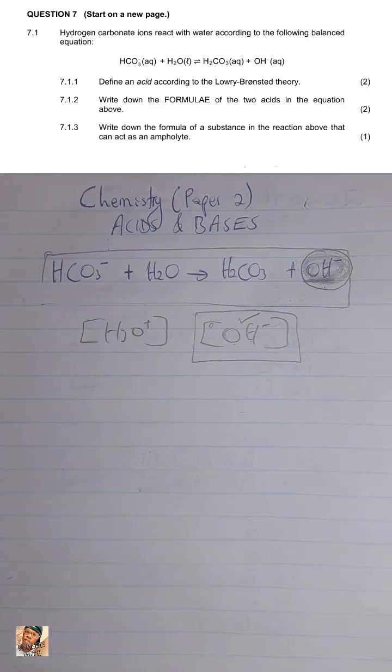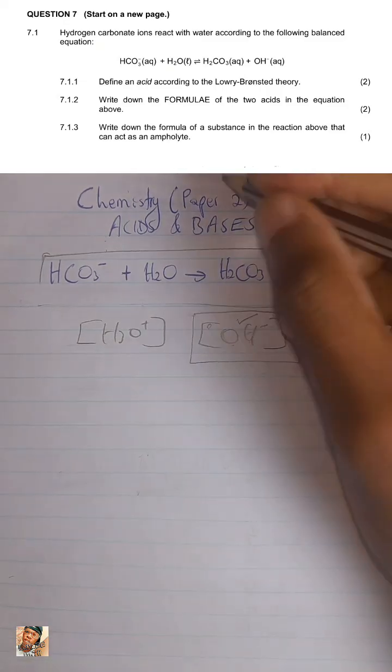So according to Lowry-Bronsted theory, a base is a proton acceptor. That means a base is the one that has accepted what? It is the one that has accepted a proton, which is a hydrogen ion, an H+.